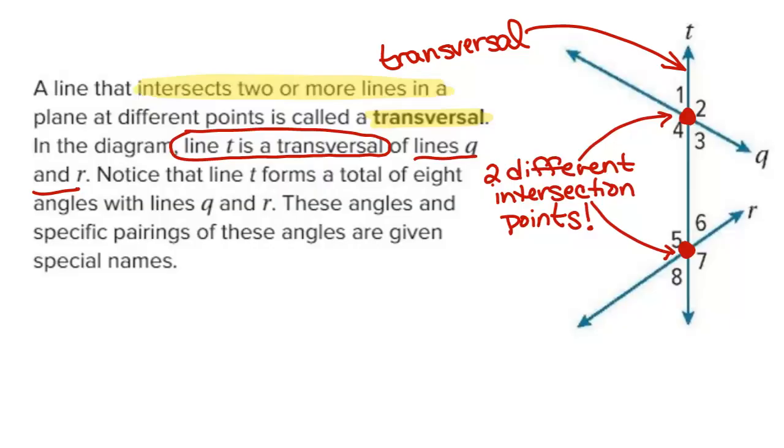The transversal will be crossing or intersecting at least 2 other lines. Line Q only has 1 point of intersection on it. Line R only has 1 point of intersection on it. But line T crosses here and here.